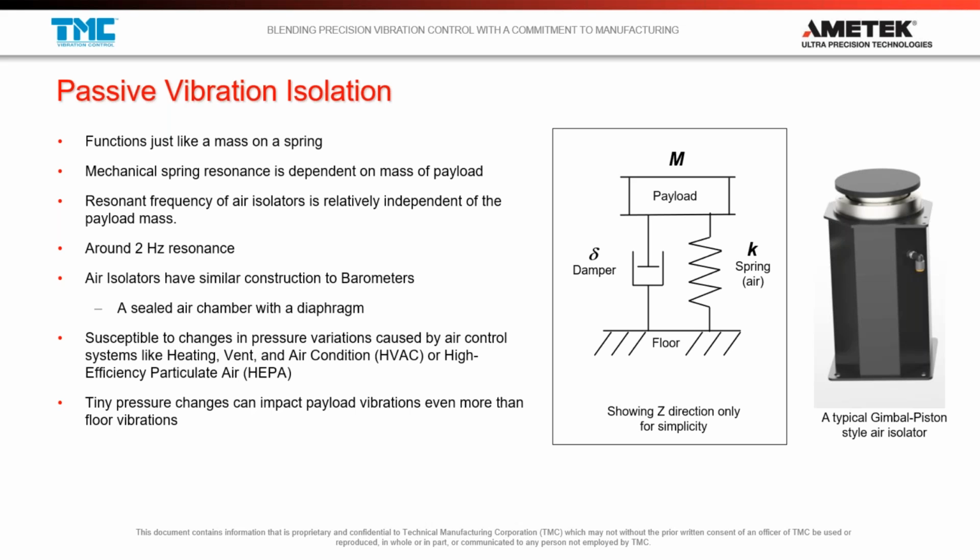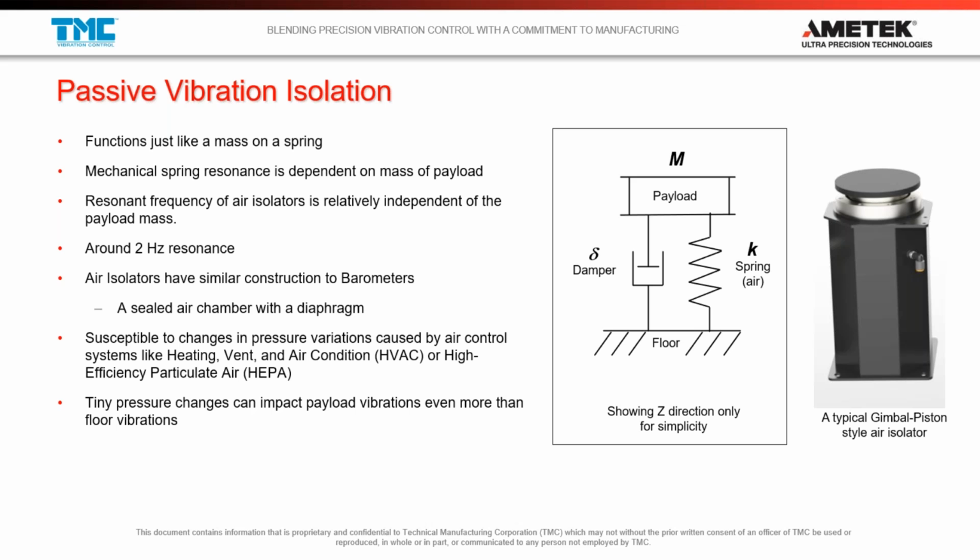One thing that's really nice about commercially available passive isolators is that you can vary the air pressure inside it and therefore make it a little bit stiffer or a little bit less stiff. You can adjust its resonant frequency a little bit, but its resonant frequency is relatively irrespective of mass.